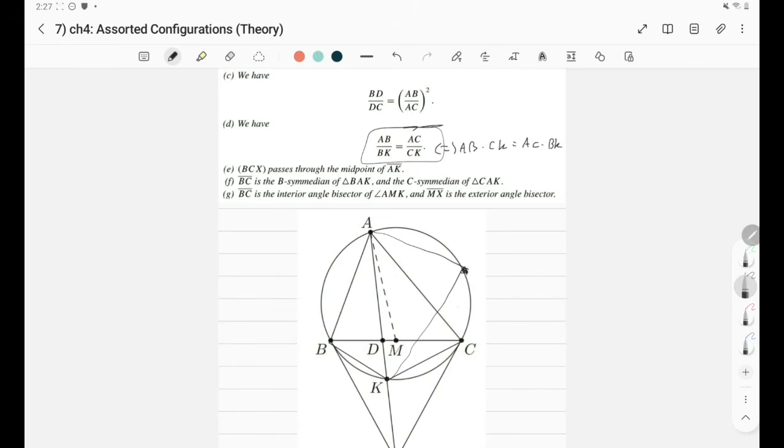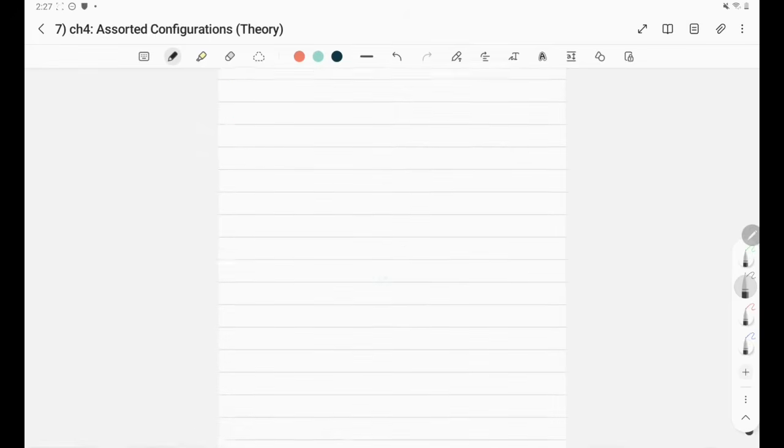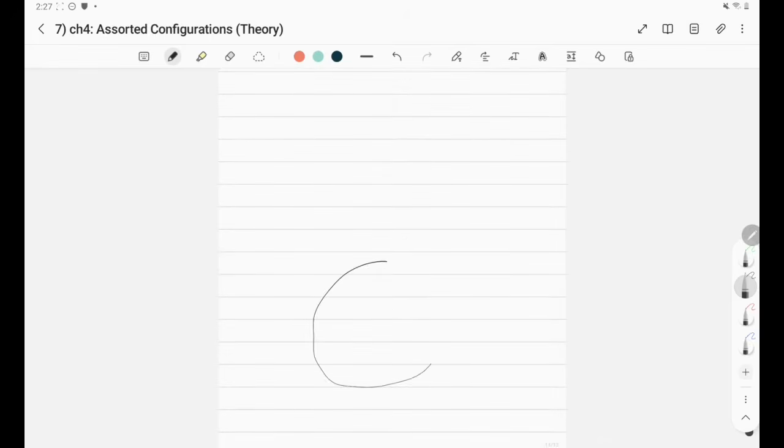Okay, one question you might ask is, wait a minute, maybe we have other points also that satisfy the same. Maybe also this one satisfies, and maybe we have a third point, right? So we need to prove that there is a unique point that satisfies this. In fact, we want to prove a more general result. It's a very, very obvious result actually, but let's just prove it here.